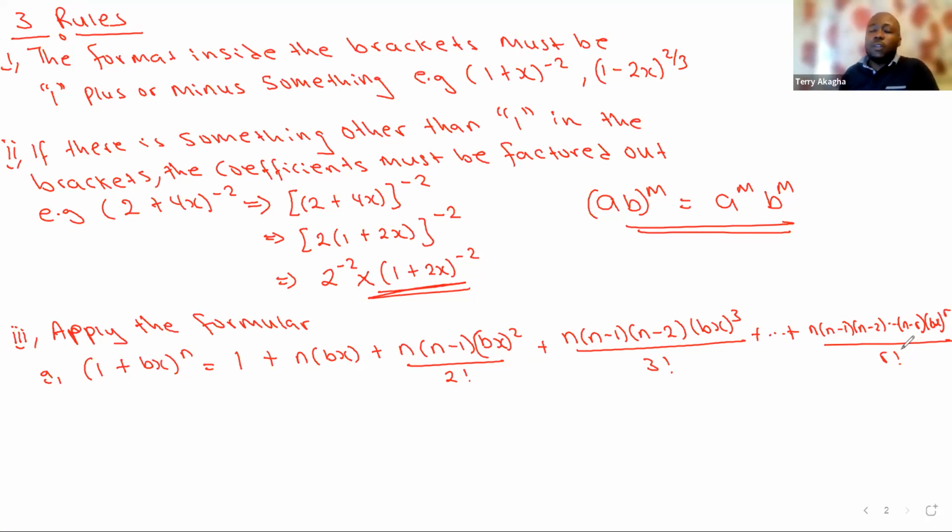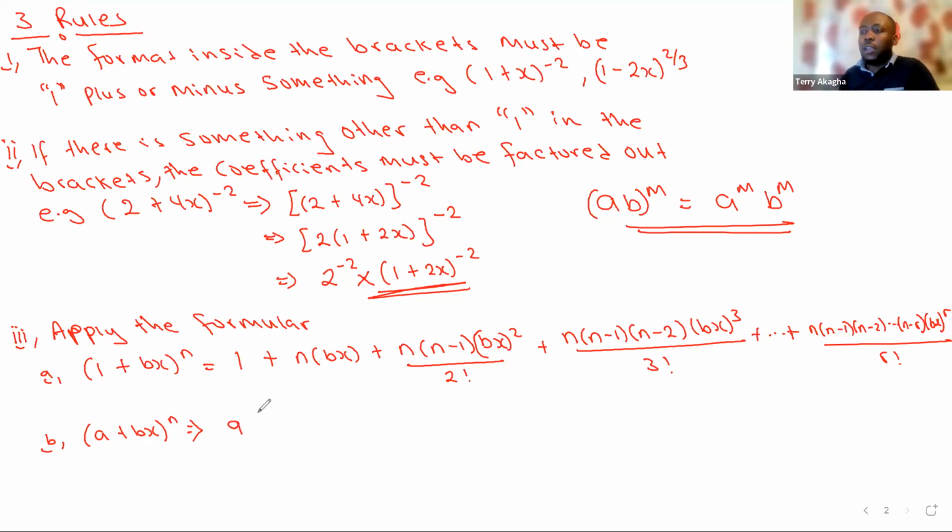Now, but if, for instance, in this case, you have a plus bx to power n. So remember, we told you the first thing you have to do is to factorize it, okay? So it's going to be exactly the same thing, but because you have to factorize, the first thing you do, you take a out.